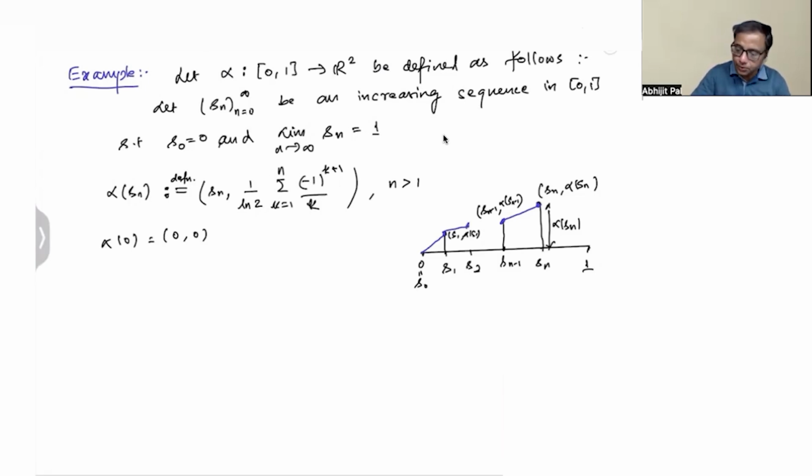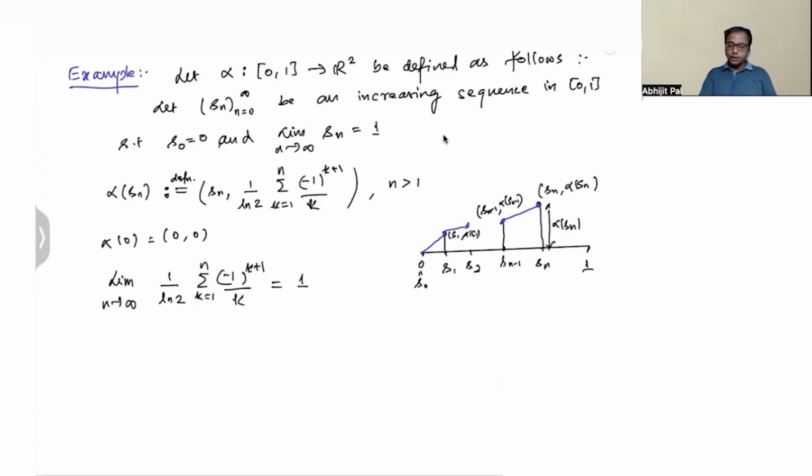So you continue to do this, and note that the limit as n tends to infinity of 1 by log 2 times the summation k equals 1 to n of minus 1 to the power k plus 1 divided by k is equal to 1.